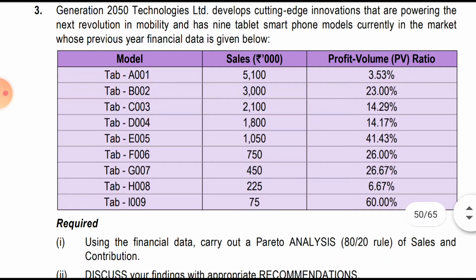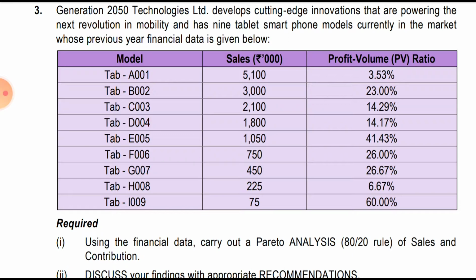So there can be two analyses in this: one in relation to the sales and the other in relation to the contribution. Firstly, we will prepare a column, that is model.